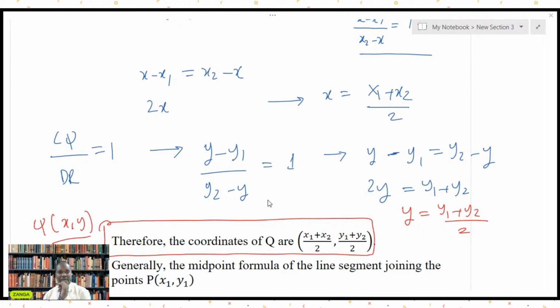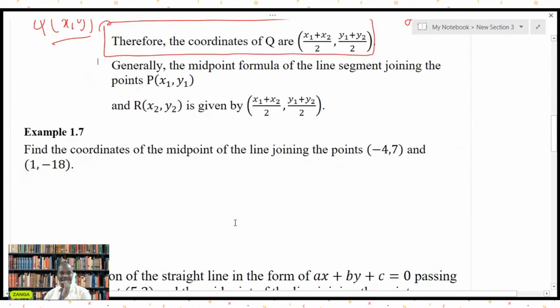So you have to be in a position to know the formula for the midpoint of a given line segment. So with this information in our hand, let us see how we can find the midpoint of some line segment, dear students.